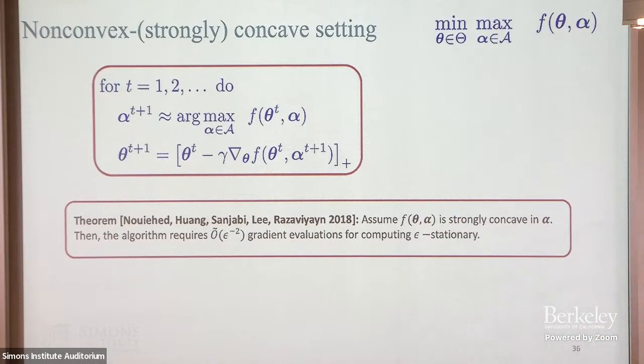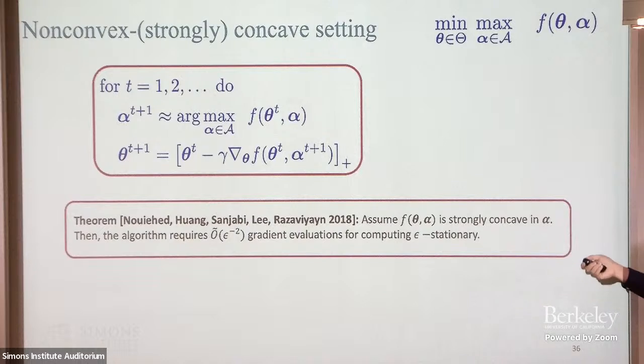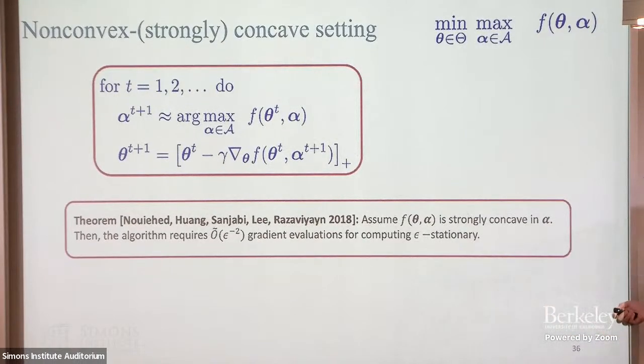This is what we showed very early with Jason, and Mazi is also here in the audience. If you run this algorithm, you need order epsilon to the minus 2, up to logarithmic factors, gradient evaluations for computing epsilon stationary solutions.